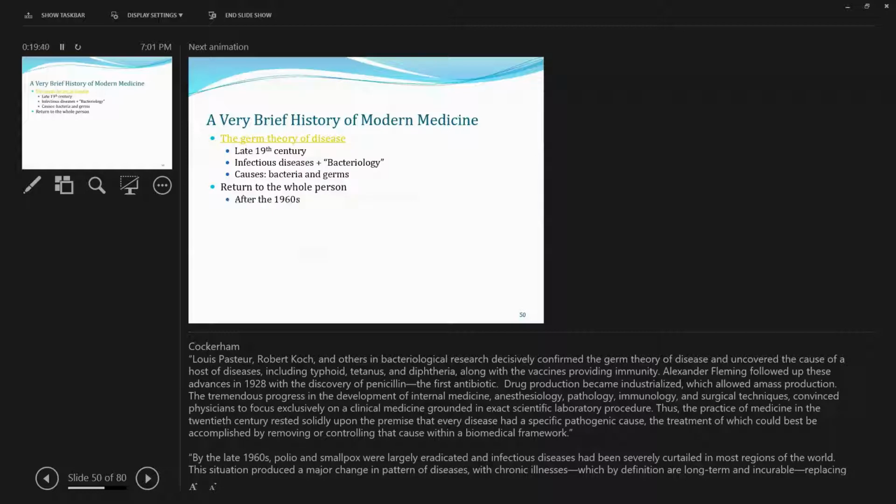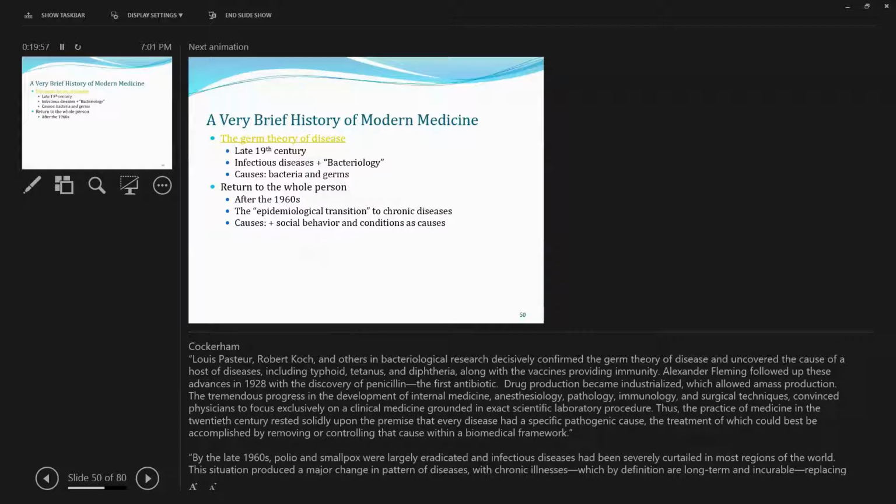And the second stage is the return to the whole person. By the late 1960s, polio and smallpox were largely eradicated, and infectious diseases had been severely curtailed in most regions of the world.